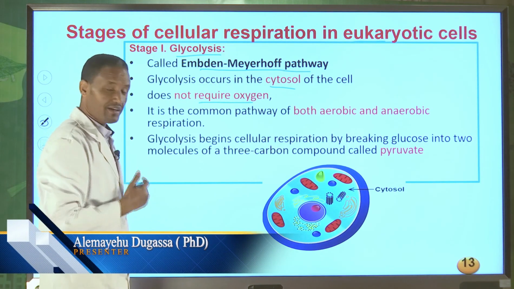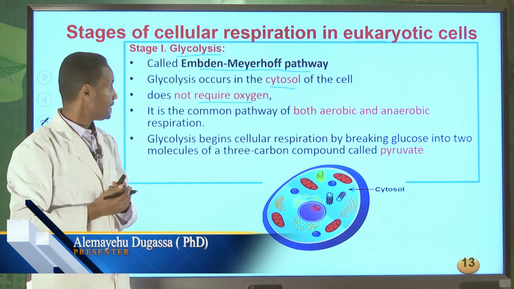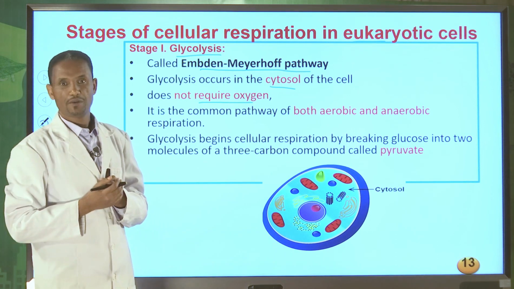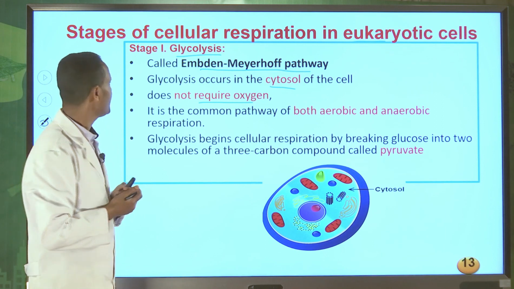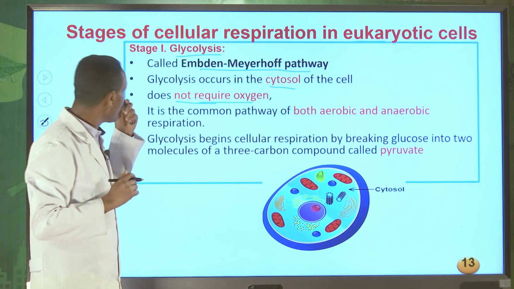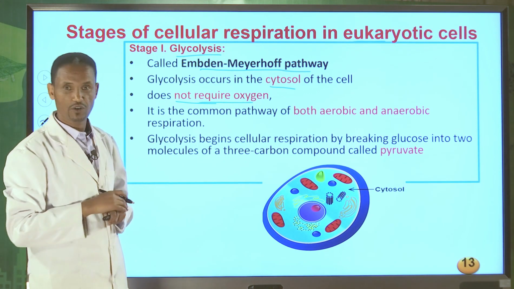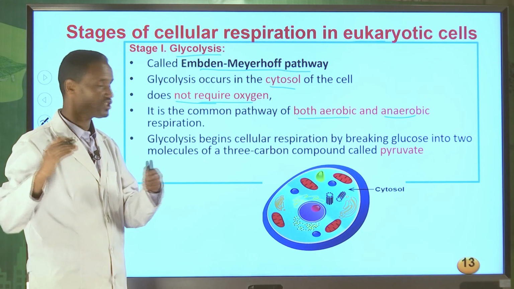In the process of cellular respiration, oxygen is important for aerobic organisms, but in the first stage, that means in glycolysis, oxygen is not important. This first stage does not use oxygen, so it is the common pathway for both aerobic and anaerobic organisms.